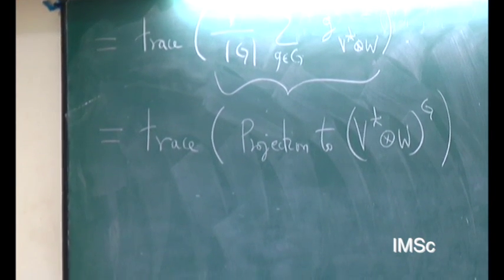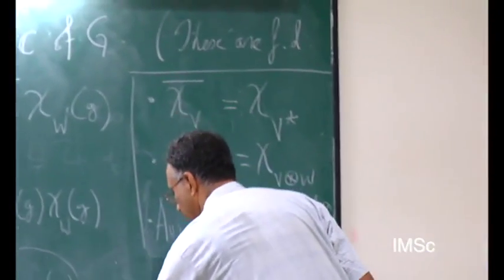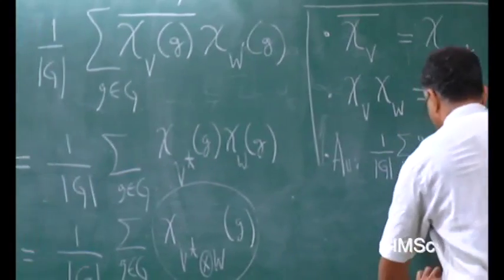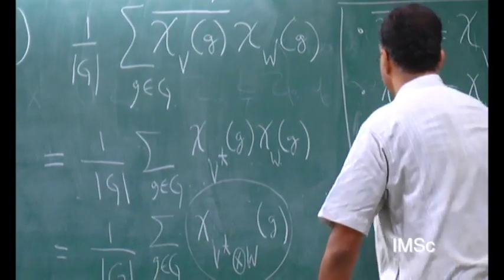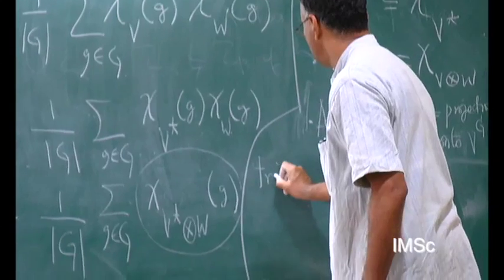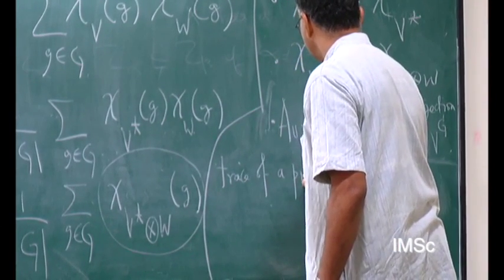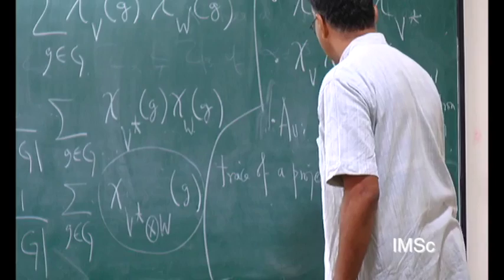The dimension of that. Let's observe that. So let's write that here. Maybe I can erase this because I didn't need this step anyway. So the trace of a projection is equal to the dimension of the image.